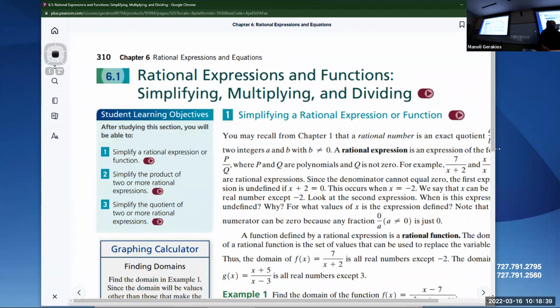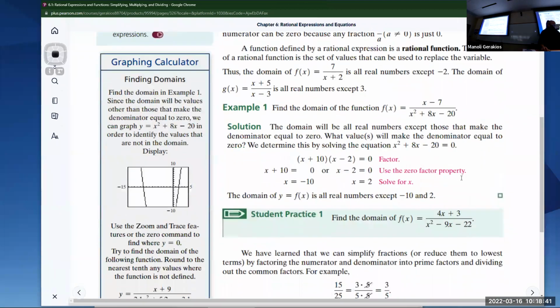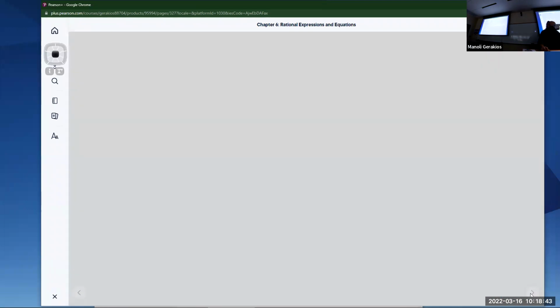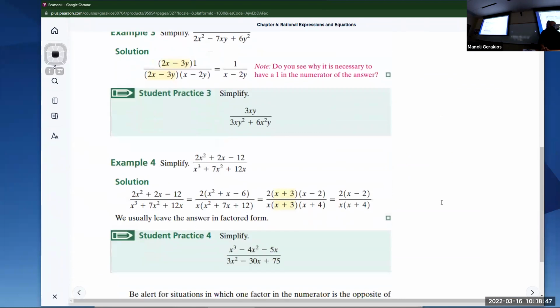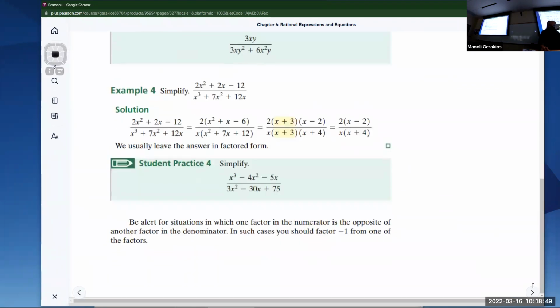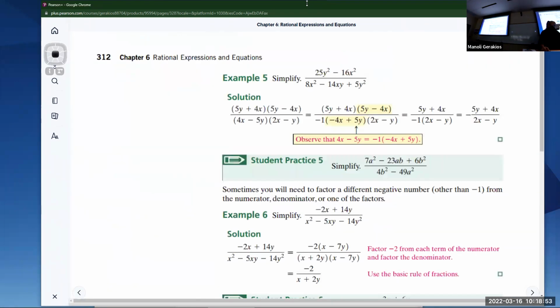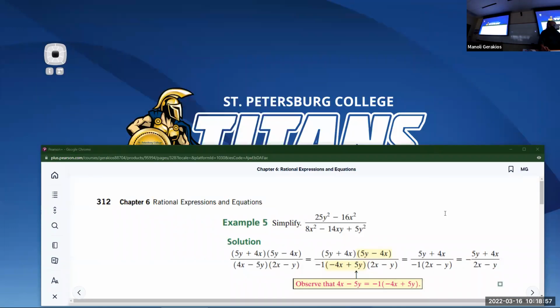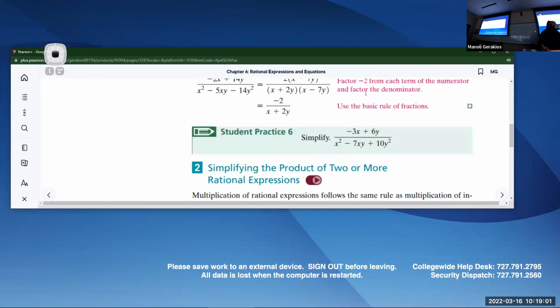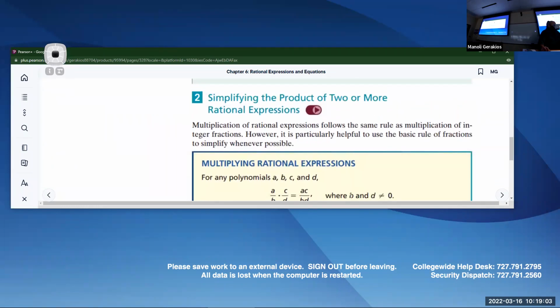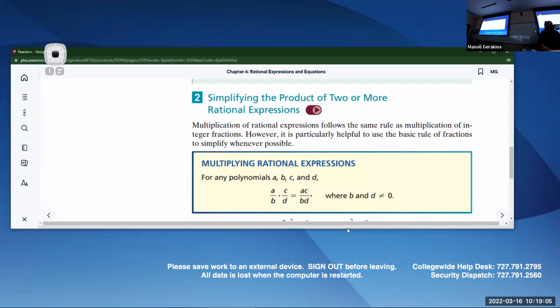We did that first example, which was domain of a function. Then we did example 3, which was simplifying. And today, I want to kick us off with multiplying. Here's the next thing.